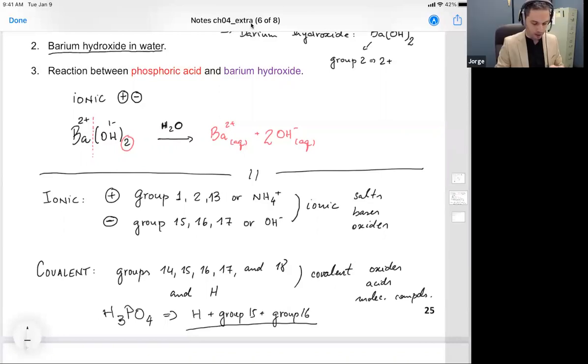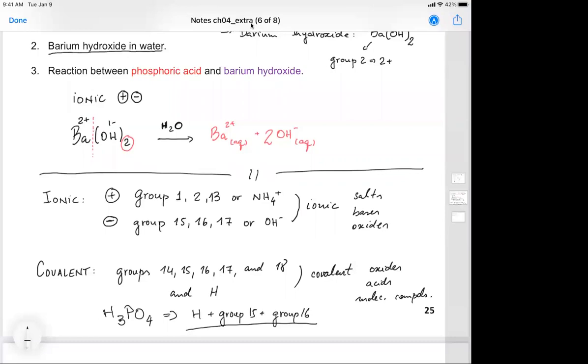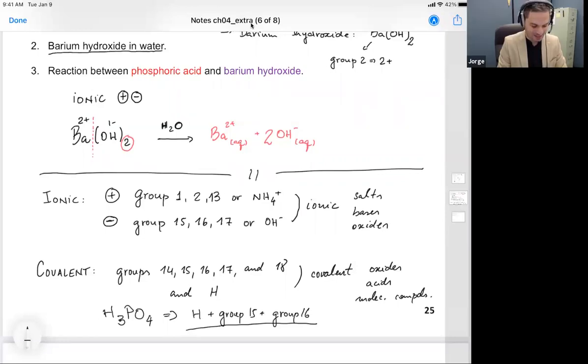Is that clear for everybody all the way to this point, how I got the products when I dissolved acid in water or base in water? I have a question. Yes. So the solubility is determined by that chart you gave us, right? Yes. So that's my next point.